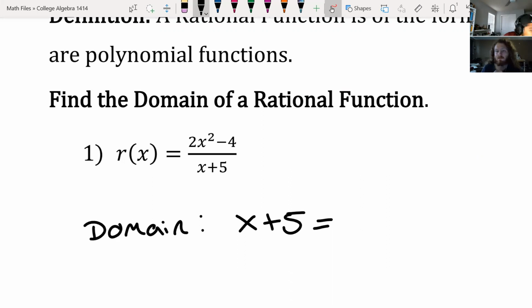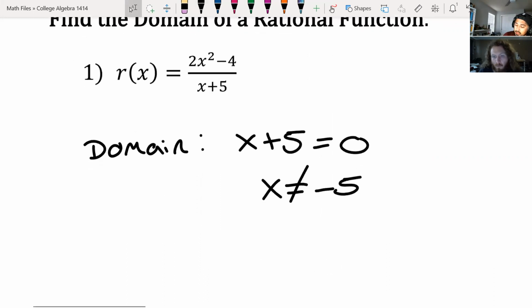And what number is that? 0. There you go. Then you solve for x, and you'll get x equals -5, which can't happen because we'll get a 0 in our denominator. Okay, so that's our domain.